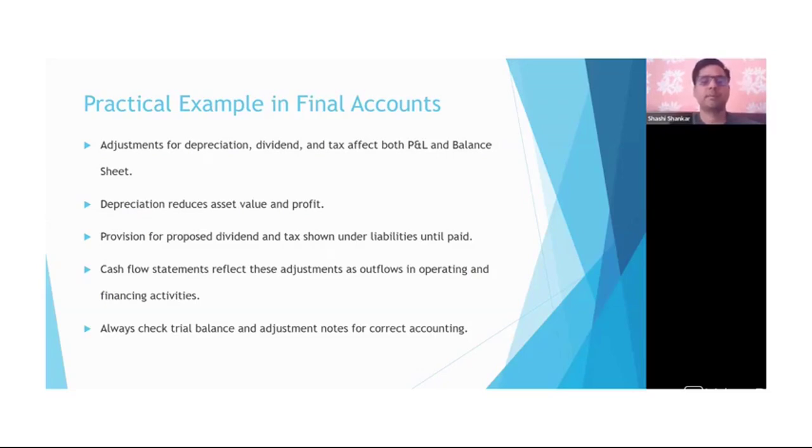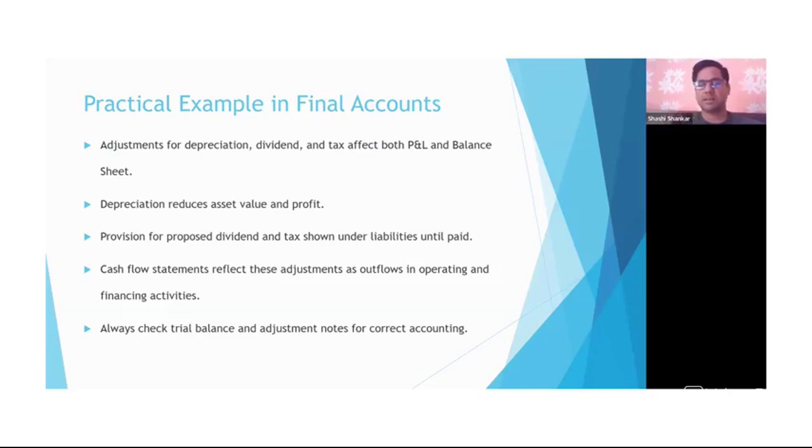The provisions for proposed dividend and tax are shown under liability until paid. The key point is that they stay under liability until and unless they are paid. Cash flow statements reflect these adjustments as outflows in operating and financing activities. That is also important.